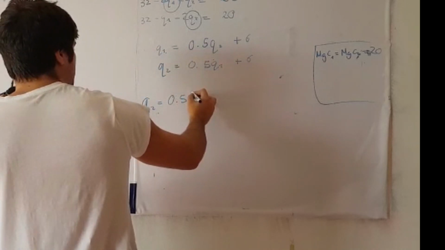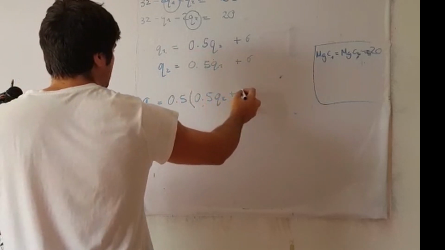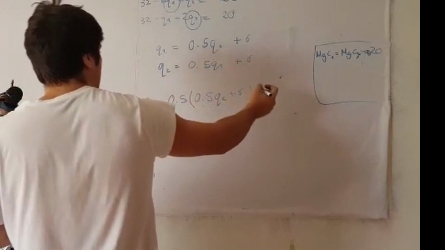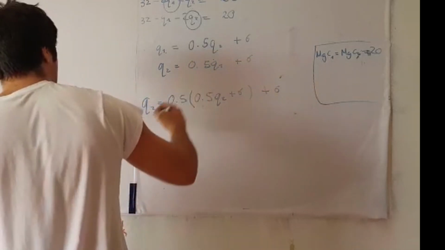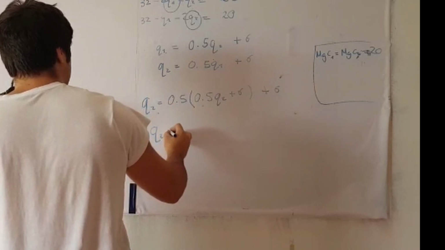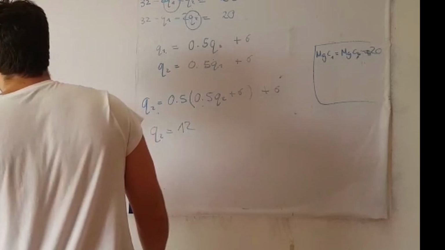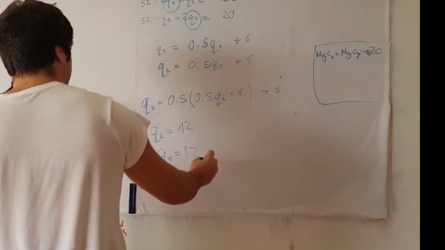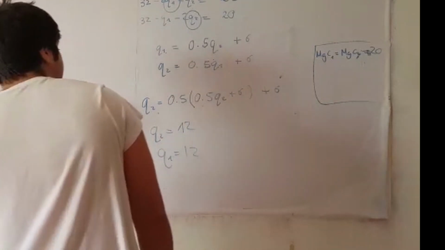So we just put 0.5 Q2 plus 6 and put plus 6 here. We solve this equation and it gives us 12. And then we solve for Q1, which is also going to be 12. And we've already calculated the quantities.